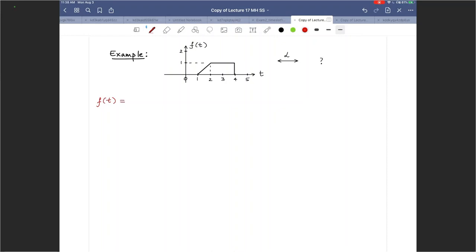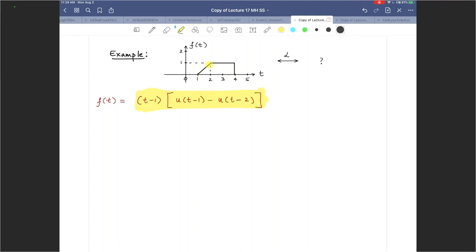I think that you guys will be able to do this without any problem. The function is going to be t minus 1 between 1 and 2. So t minus 1 multiplied by u of t minus 1 minus u of t minus 2. So open the gate at 1, close the gate at 2, and multiply that function with t minus 1. So that piece, yes, let's do yellow there.